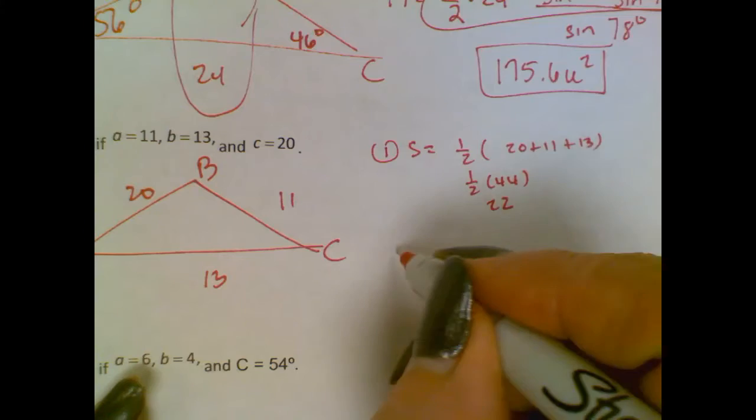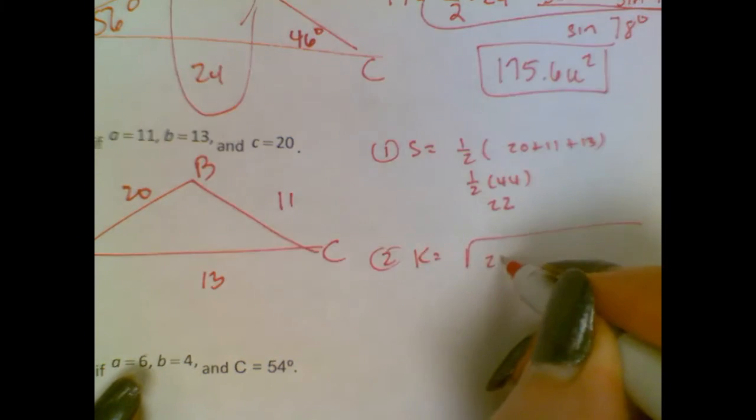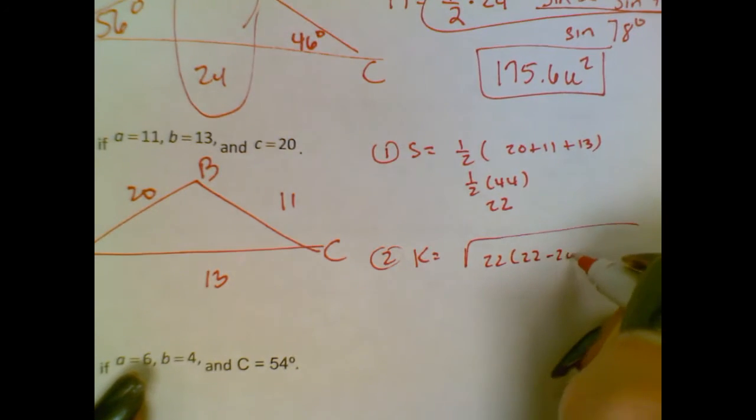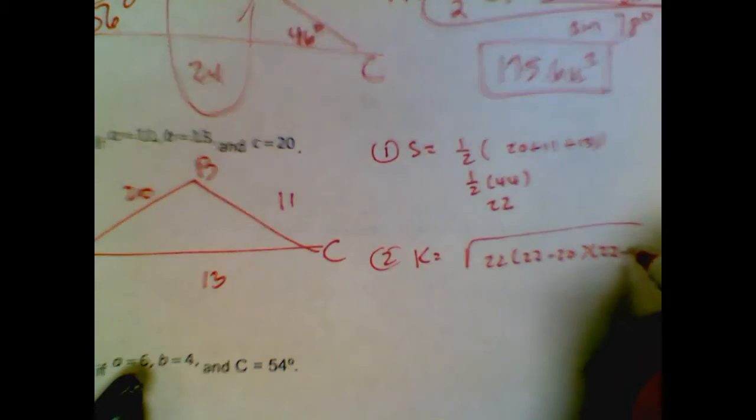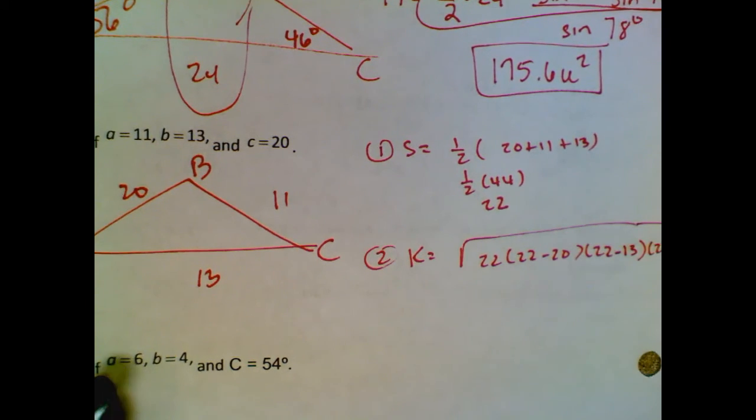Okay, now find your area. Your area is the square root of 22, 22 minus 20, 22 minus 13, 22 minus 11.